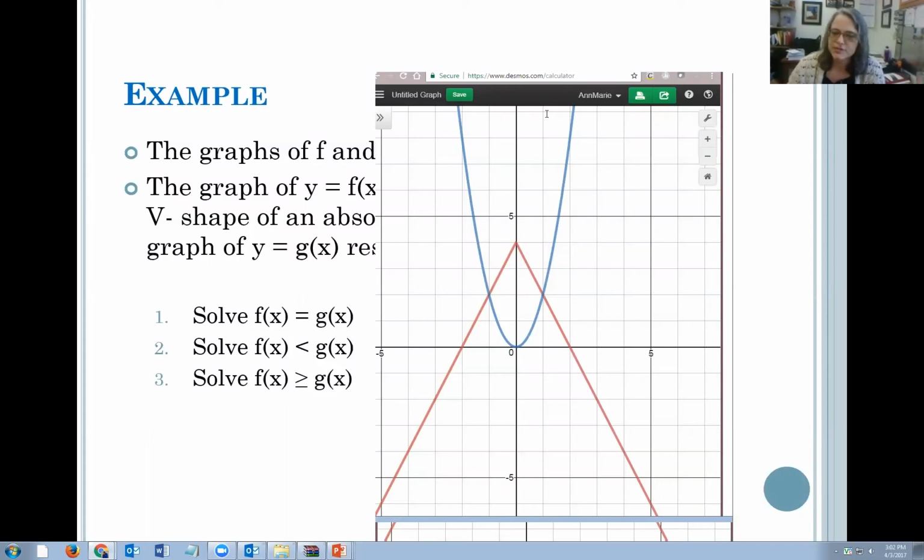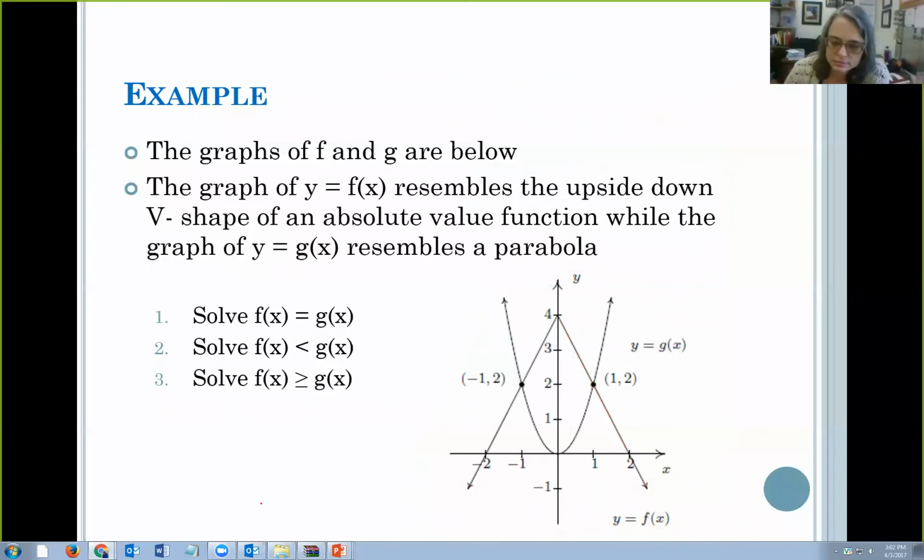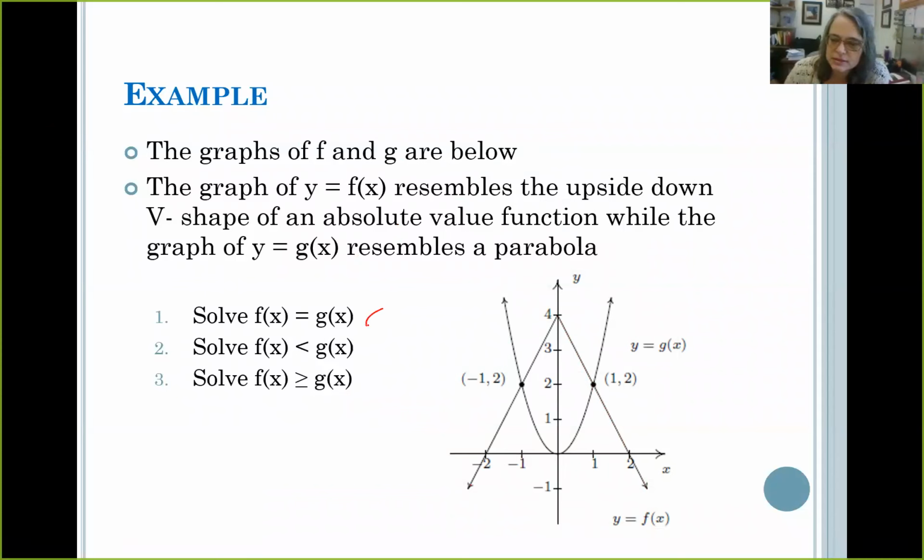So f of x equals g of x when x equals -1 or 1. So this is at the points (-1, 2) and (1, 2), the two intersection points, there and there.